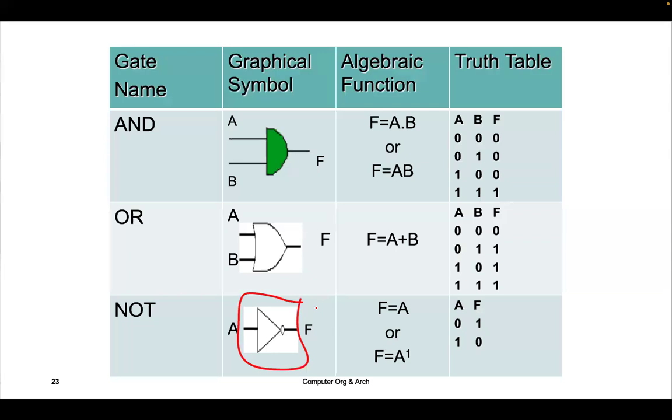So if the input is true or one, then the output is zero, and vice versa. The way you see here, if the input is false or zero, then the output is the opposite. If the input is true or one, then the output is the opposite.